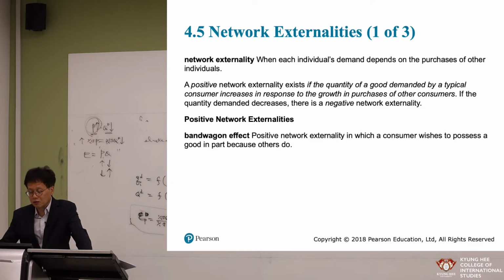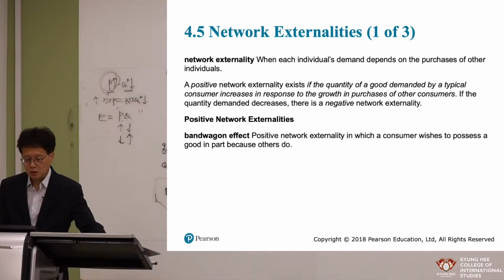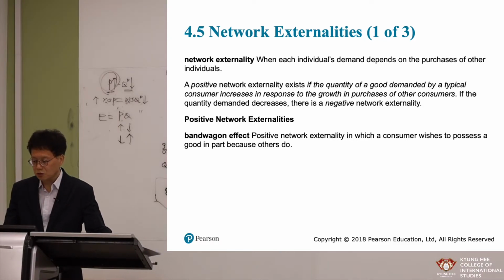Anyway, we can find lots of network externalities in the real world. A network externality exists when each individual's demand depends on the purchases of other individuals. A positive network externality exists if the quantity of a good demanded by a typical consumer increases in response to growth in purchasing by other consumers. If the quantity demanded decreases, there is a negative network externality, right?